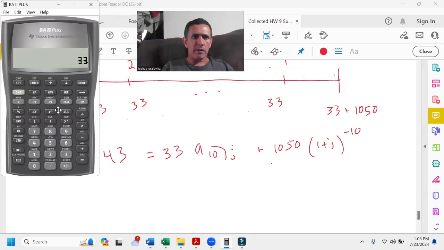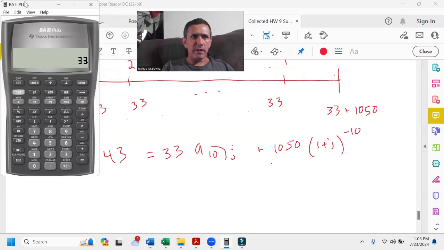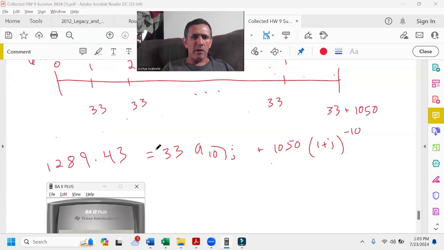We pay this amount, we get $33 coupons, and my redemption is 1050.